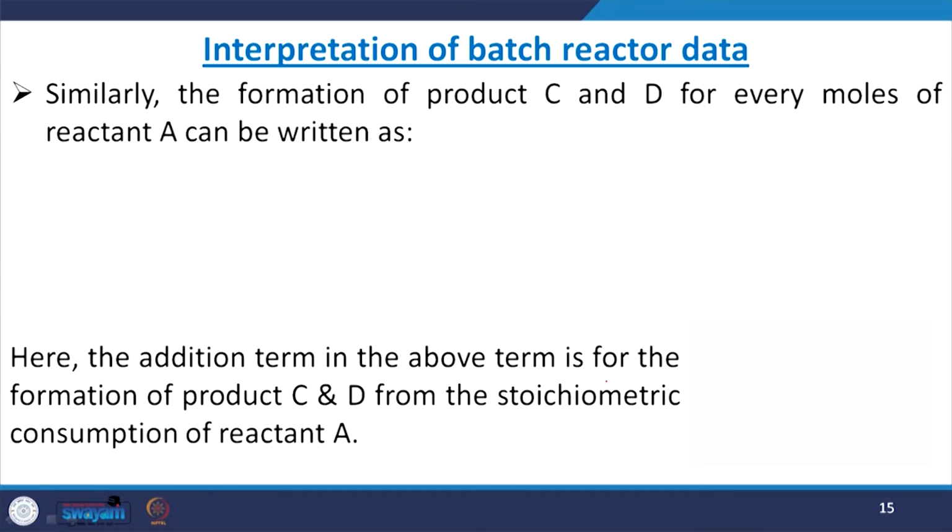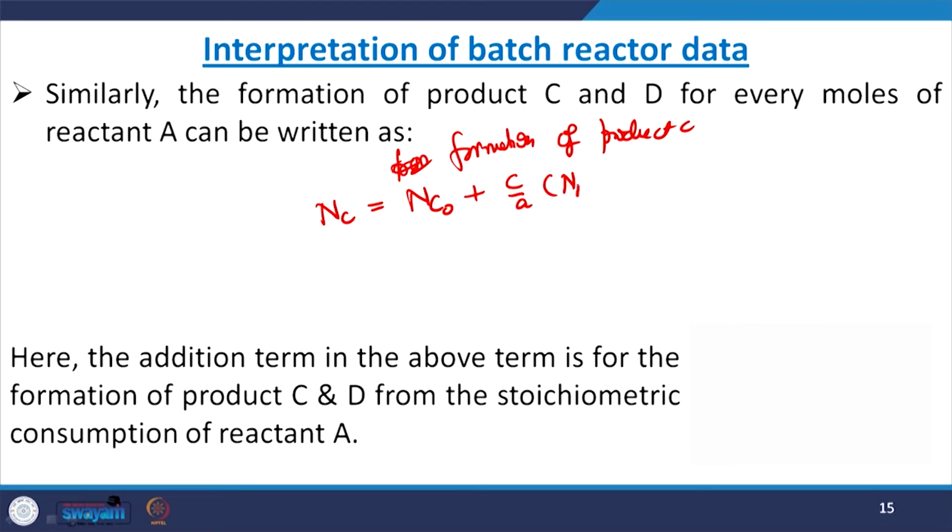Now, because when A and B are both being consumed in the reaction mass, we have to look at the formation of products C and D for every mole of reactant A. This can be represented as the formation of product C, that is the number of moles of C. Initially, if there is no C present, then you can put the numerical value equal to 0, plus c upon a Na naught Xa.